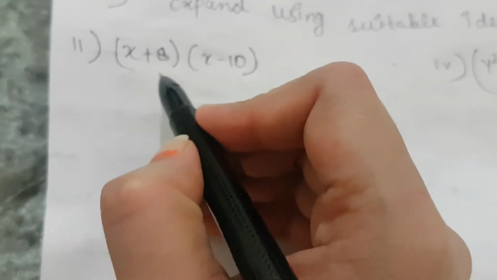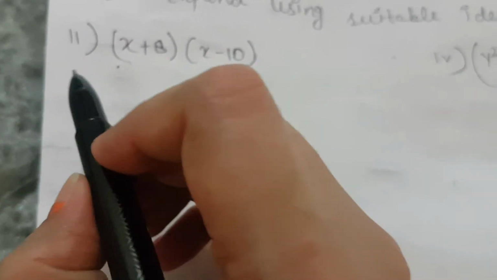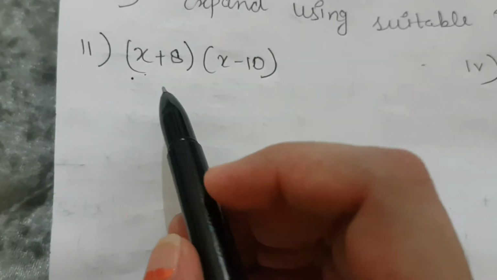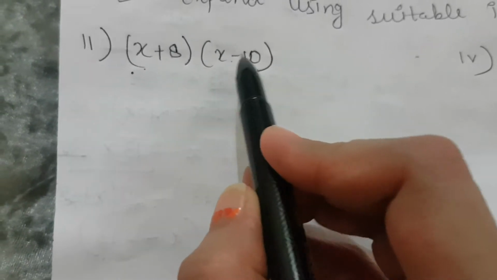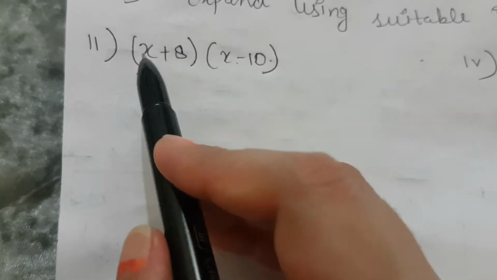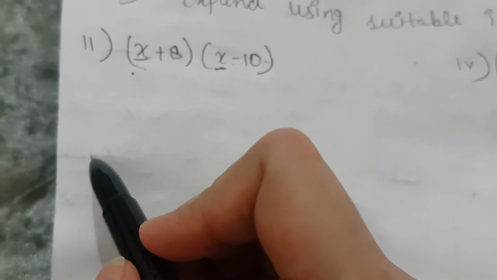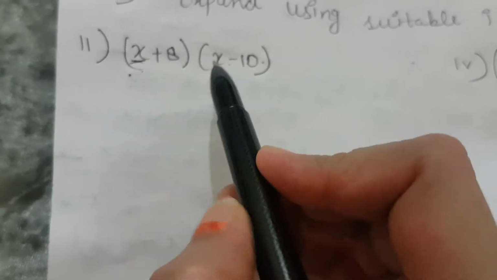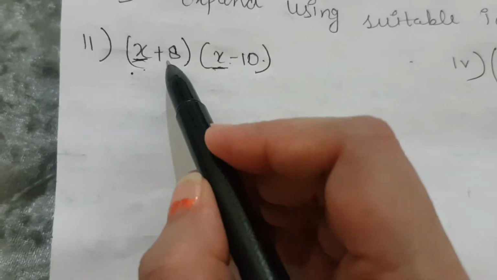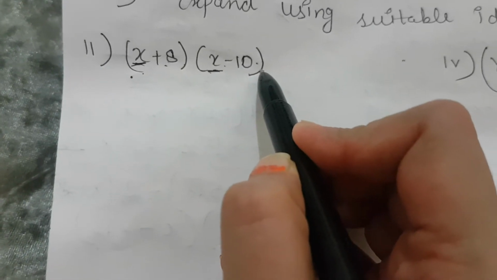In the second part of the first question, I have taken x plus 8, x minus 10. You can see that the first term of both expressions is the same and the second terms are different.